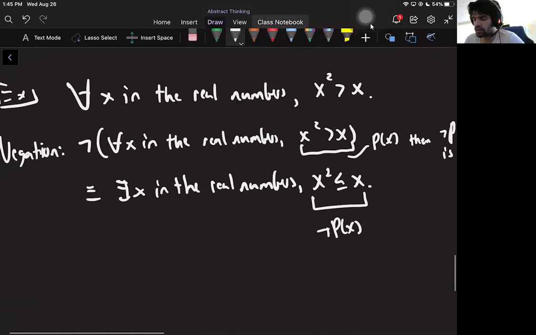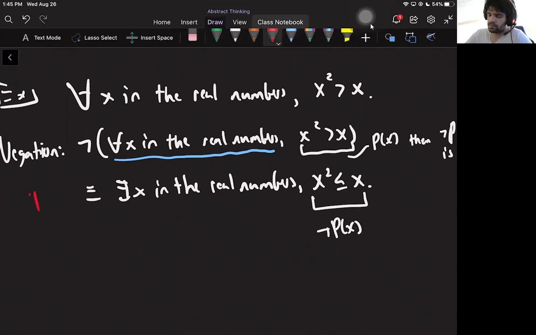The second is true, the negation is true. So you might think, yeah, x squared is bigger than x, I knew that. Well, did you? Because it is true most of the time, but not for every real number x. That's the key. So yes, the second one is true. This guy is true. And this one is false.